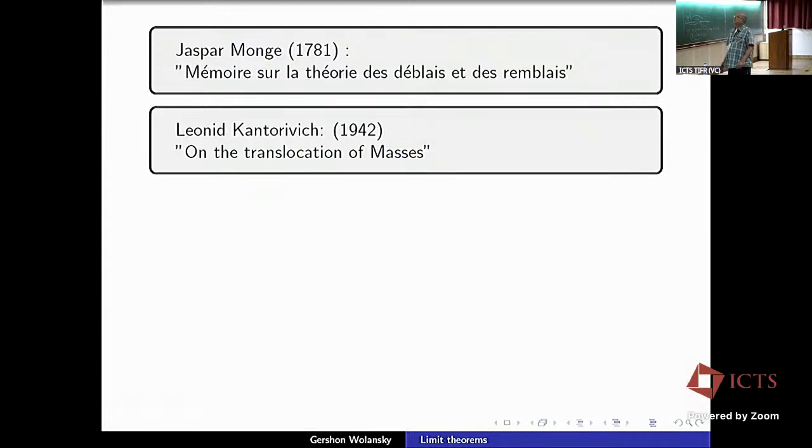And between these two papers, almost nothing was done, except for some observation about the form of the phase surfaces connecting with the Monge problem.